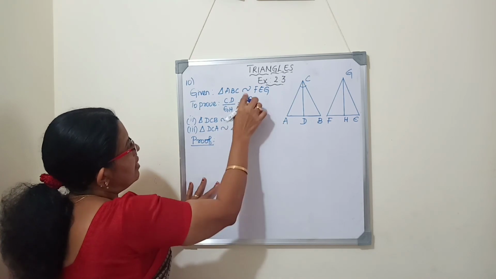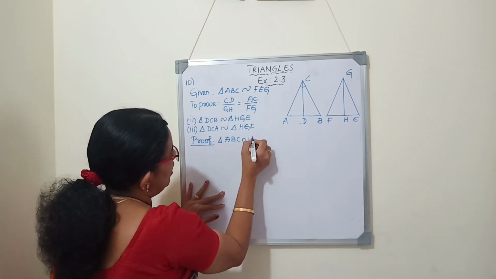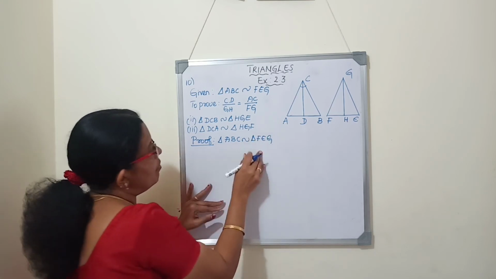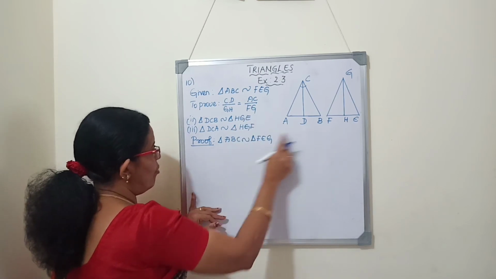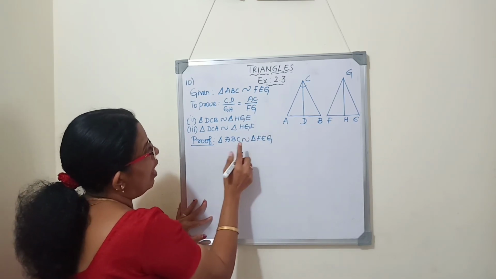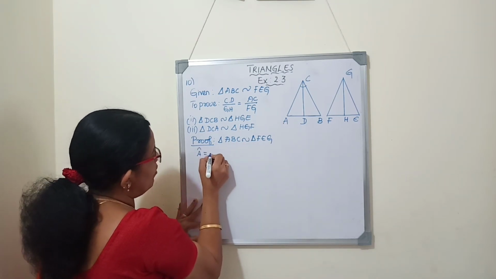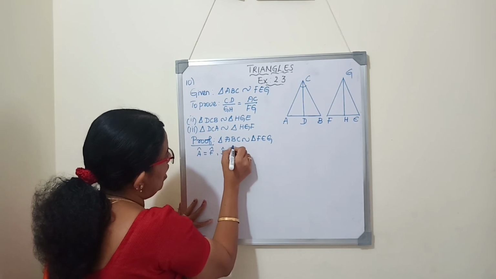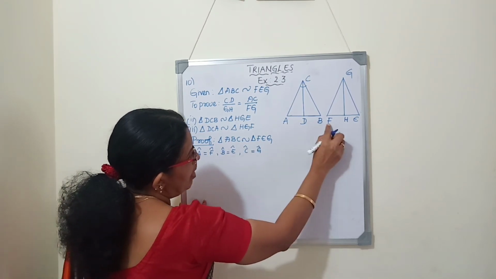First, it is given triangle ABC is similar to triangle FEG. If the triangles are similar, we know that their corresponding angles are equal and sides are proportional. So that we will write first. Corresponding angles: angle A is equal to angle F, angle B is equal to angle E, and angle C is equal to angle G. So this should be very clear.